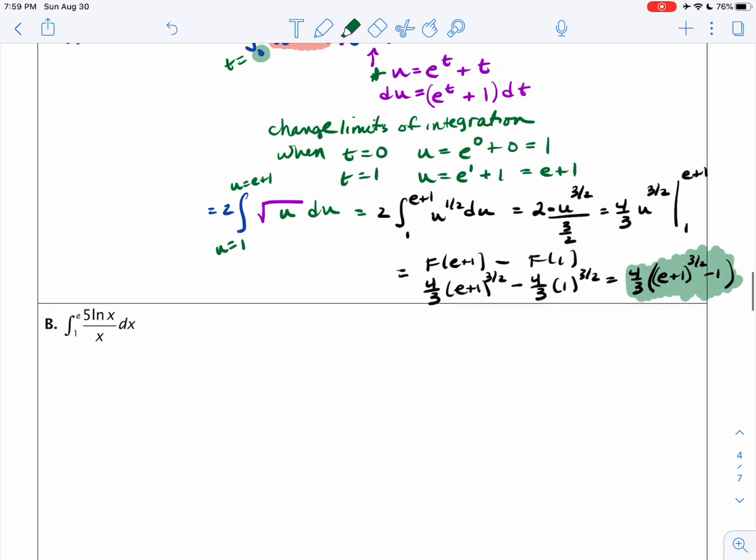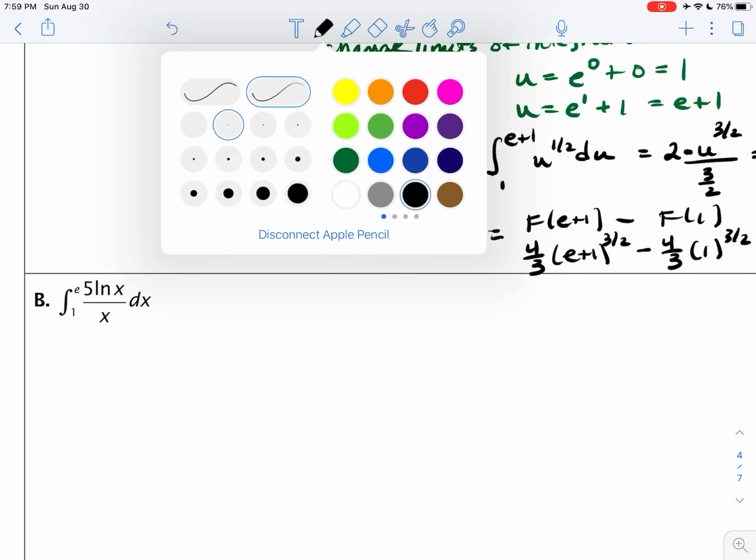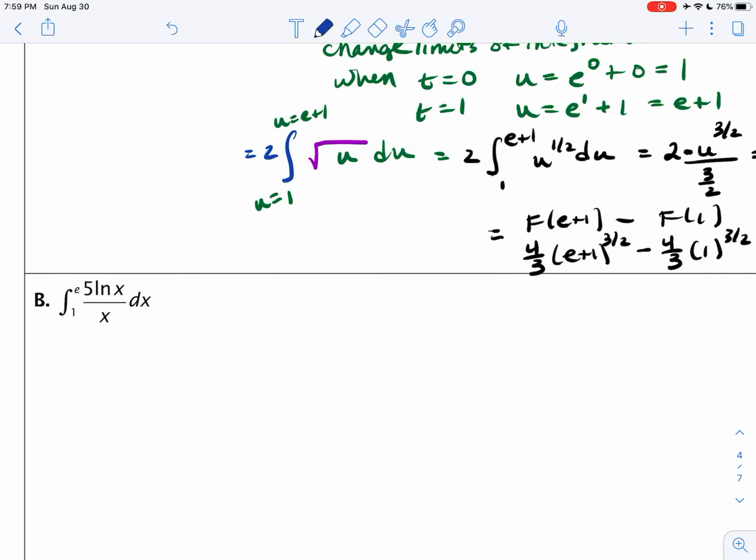One more, practicing changing of limits of integration so that we get used to that. So I see here a natural u substitution because I know that mentally the derivative of ln of x is equal to 1 over x. So I'm going to put a little parentheses in there. I'm going to clean up and just put the 5 on the outside.